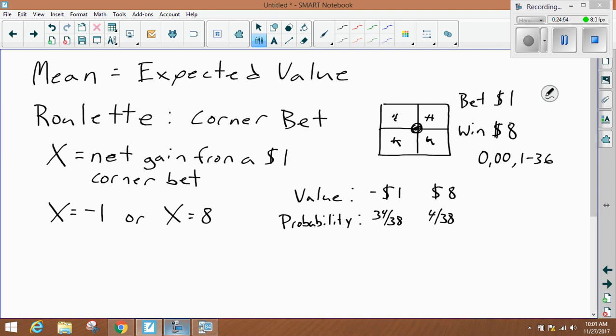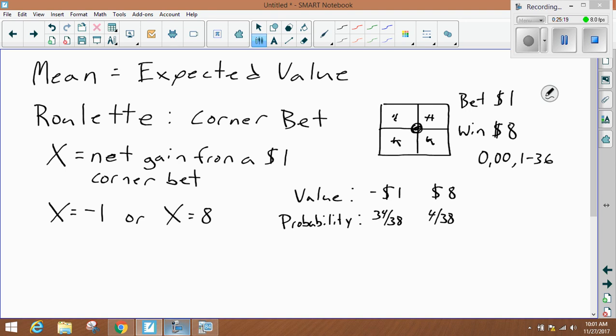So now it makes so much more sense that our probability of losing $1 is 34 out of 38, right? Because that's the probability that you don't get those four numbers that come up. One of those four numbers comes up, and then the probability that you win is the probability that one of those four numbers out of the 38 do come up on the roulette wheel.